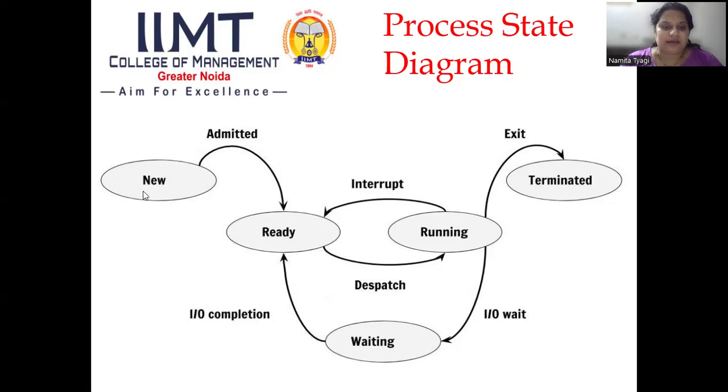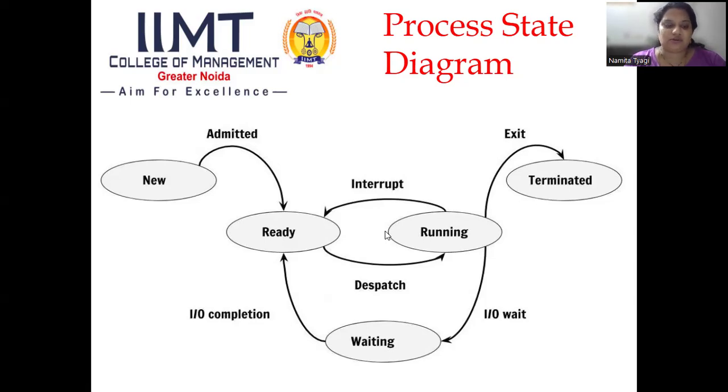It is the program that is present in secondary memory and that will be picked up by the OS to create the process. After the new state, once the process is created, it enters the ready state.